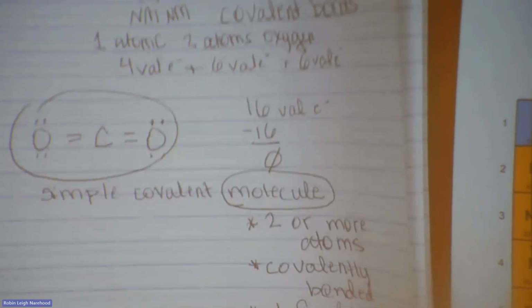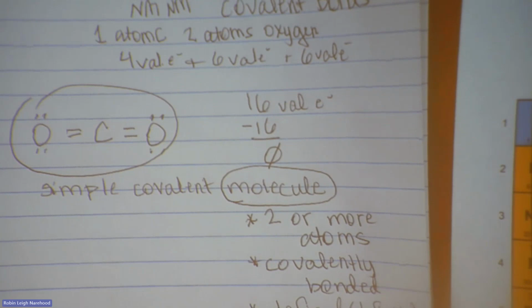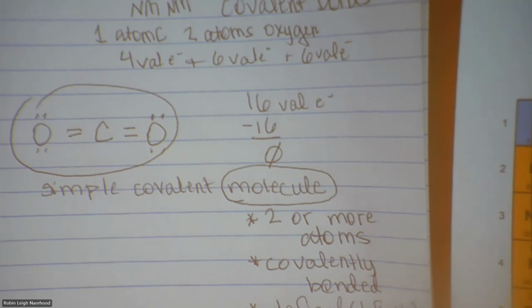Okay. 2 or more atoms covalently bonded. And when you look at a formula or a structure, and structure means that the bonds are already there, the atoms are already laid out, that is the number of atoms there are. Or if you look at a structure, which is the covalent bonds, that is how many atoms there are.